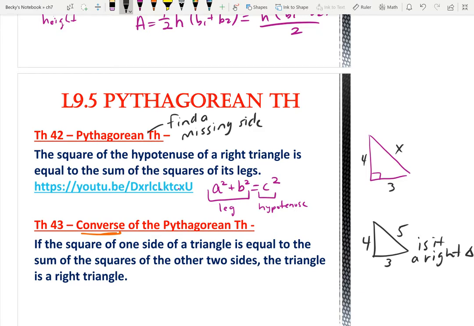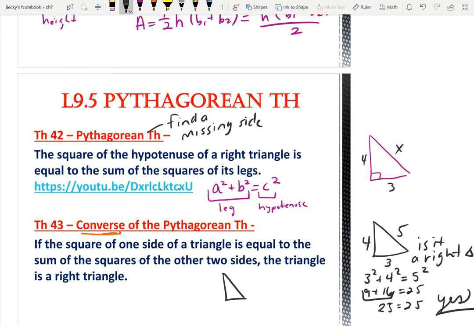So you would take the two sides that would be the legs and you would square them, and it would be equal to the hypotenuse squared, and you would see if the left side equals the right side. So let's test it. 9 and 16 is 25. And so since 25 equals 25, you'd say, yes, this is a right triangle.